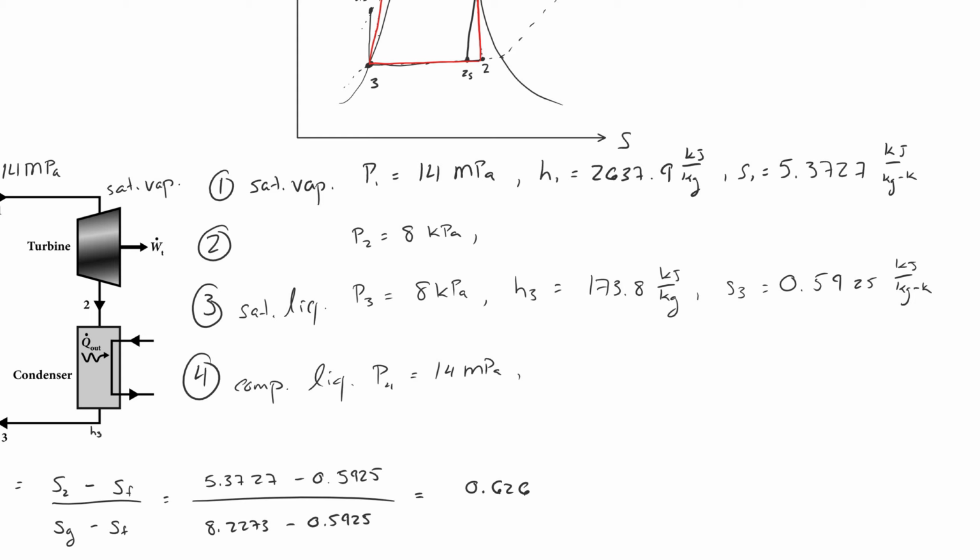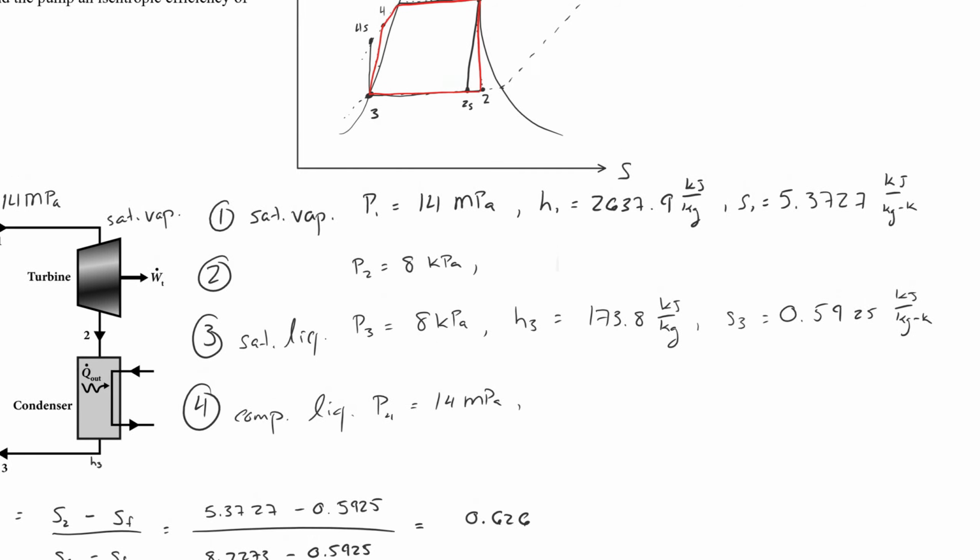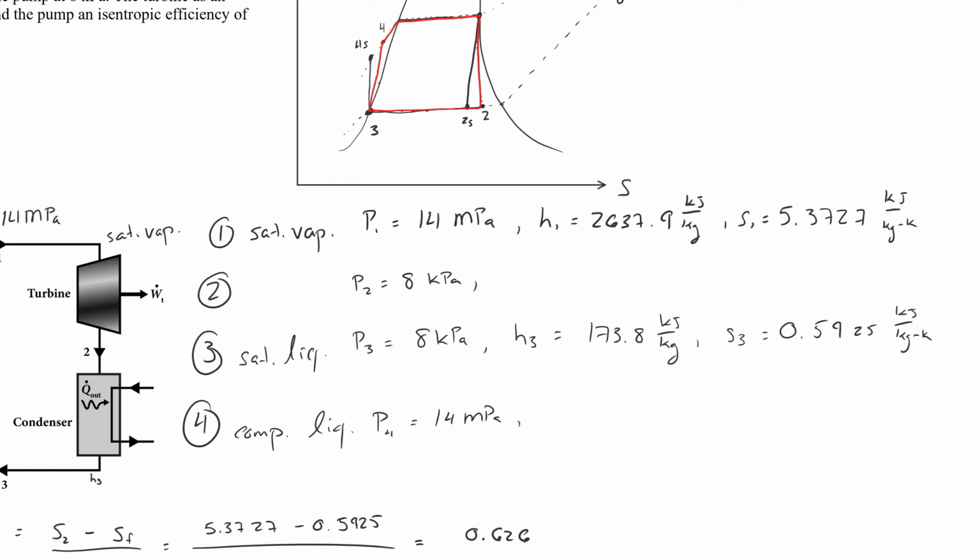At state 2, I have drawn my diagram assuming that I have a saturated mixture at state 2, but if I had a ton of irreversibilities in the turbine, I might actually kick state 2 outside the dome at 8 kilopascals. We're going to see below that we do in fact have a saturated mixture at state 2, but that may not always be the case.